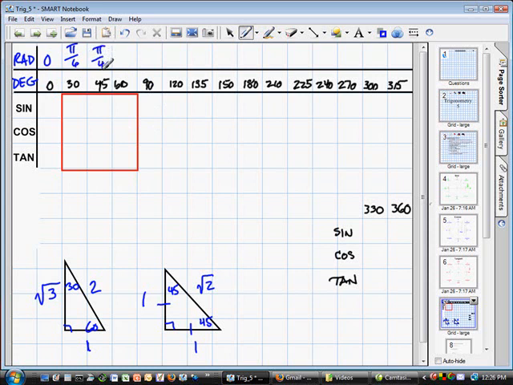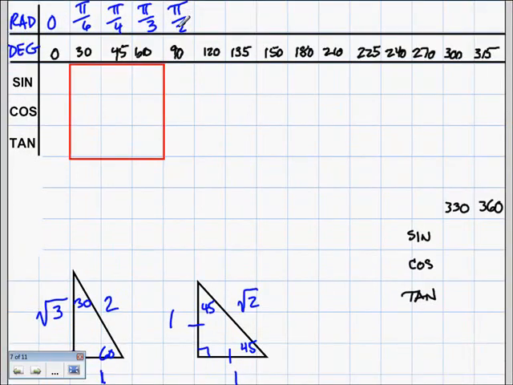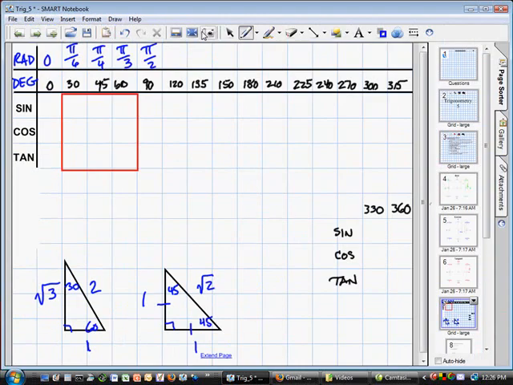If you cannot remember these first five, the way I've got them set up here, you can remember that each 15 degree angle segment is what? Pi over 12. And 30 degrees is 2 of those. So 2 pi over 12 is 1 pi over 6. And then 3 pi over 12 is the same as pi over 4. 4 pi over 12 is pi over 3.